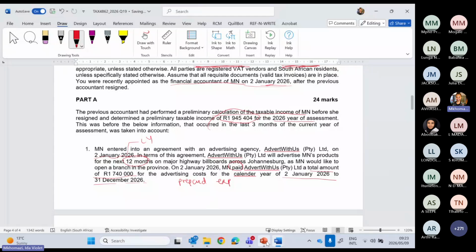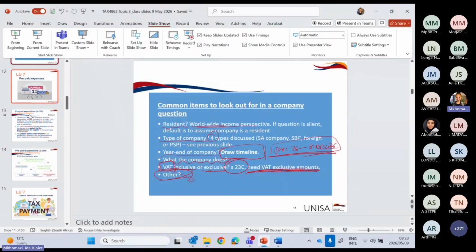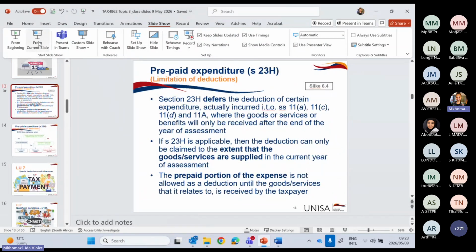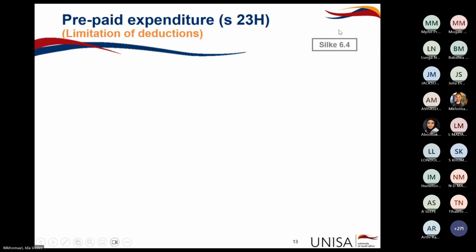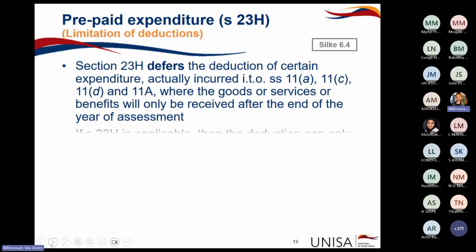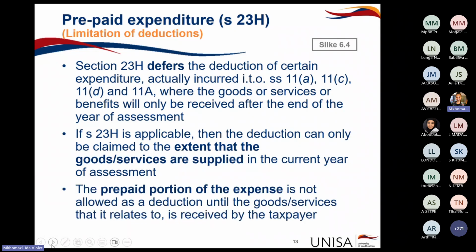So if we just recap on prepaid expenses, the principle there with Section 23H is that it is a deferral section, meaning that it defers the deduction of certain expenditure that was actually incurred in terms of your 11A, 11C, 11D, or 11 cap A, right?